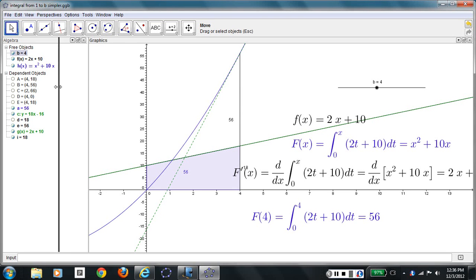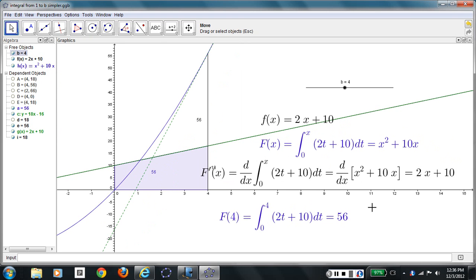Let me scoot this over so we can see a little bit more of what's going on the screen. So it's the net signed area function, and suppose we're calling this big F of x the antiderivative. There are lots of antiderivatives for a given function, but this is an antiderivative. So what if we take the derivative?